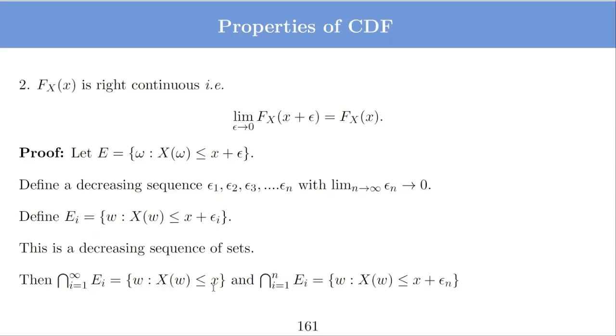If you take any number a, the set X(omega) less than x plus a, then whatever a you take, you can always find epsilon i such that epsilon i is less than a. In that case, x plus a will not be contained in E_i.